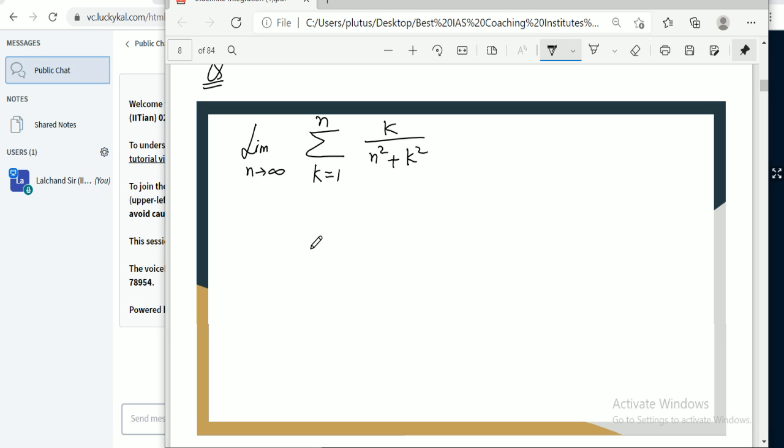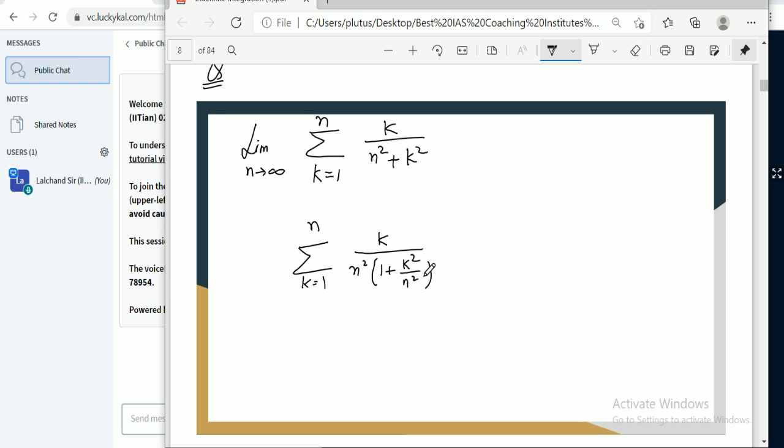So if I take n square common from the denominator, that is sigma k equal to 1 to n of k, and then I have 1 plus k square by n. Okay, this is the equation.